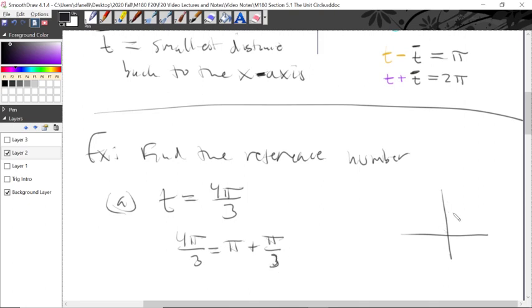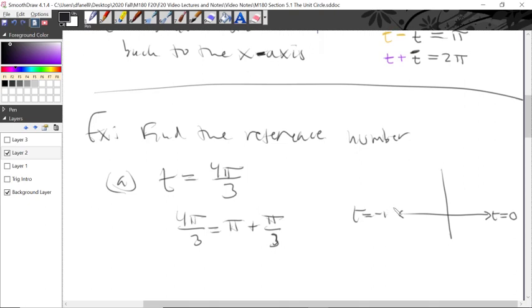How do we know when we're in different quadrants? Along the positive x-axis, in standard position, t would equal 0 from the start. And then as we rotate through, if we go back to the x-axis again on the negative side of the x-axis, then t is going to equal pi.